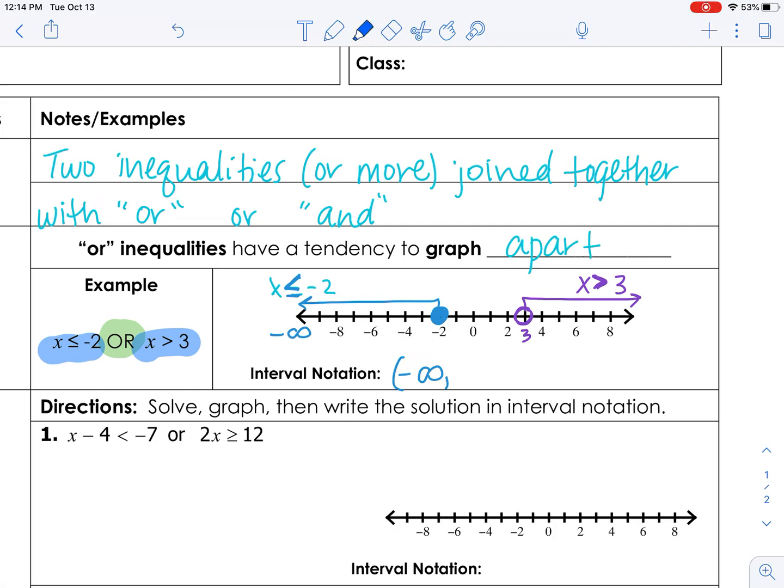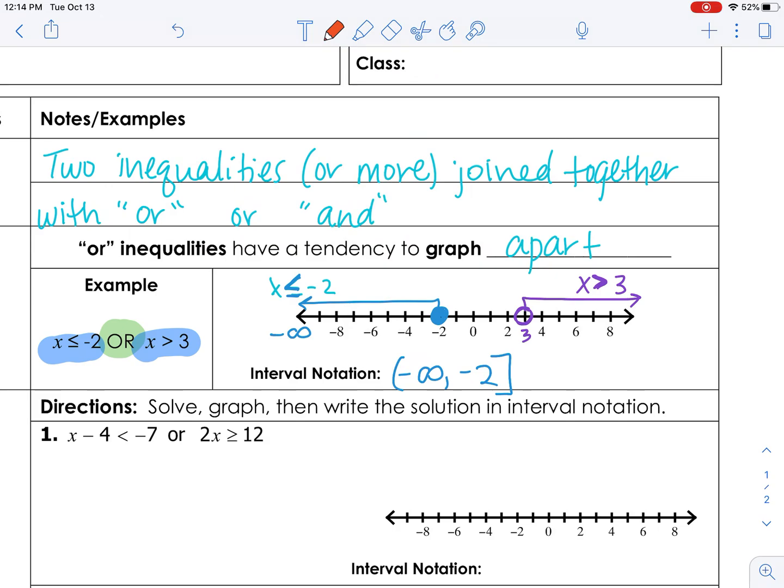I always use parenthesis on infinity. And then I keep going. My first stopping place is right here at x equals -2. So I need a -2. Notice that it's or equal to, so I've drawn a closed circle. So I also need a square bracket.